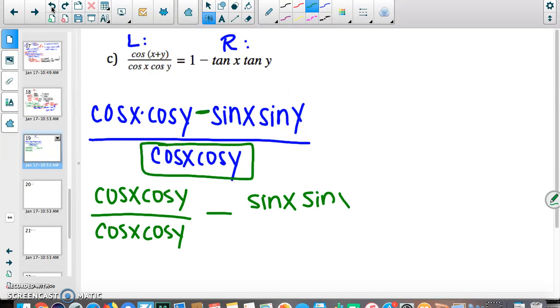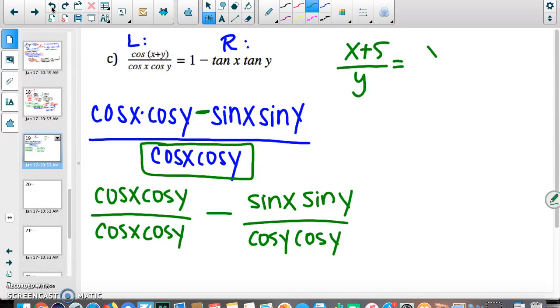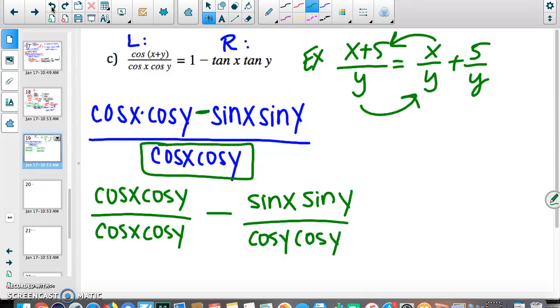So it's working backwards, but I hope it makes sense why this is true. Right? It's just like saying x plus 5 over y is the same thing as x over y plus 5 over y, right? It's just working backwards when usually we're working this way. So, yeah. Talk to me if that's not making sense.